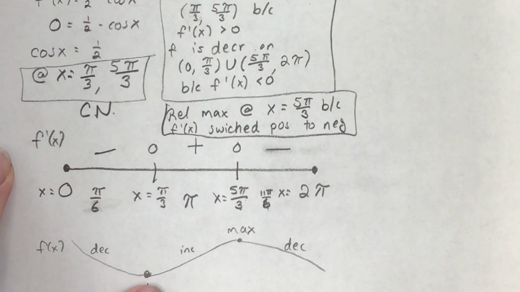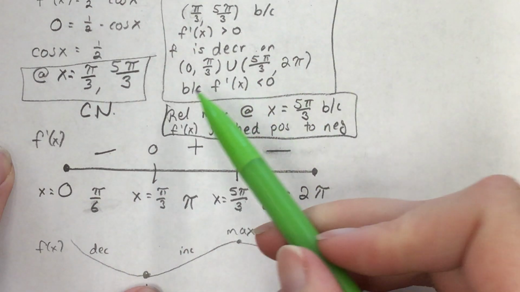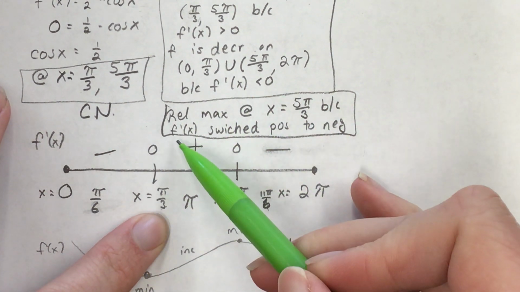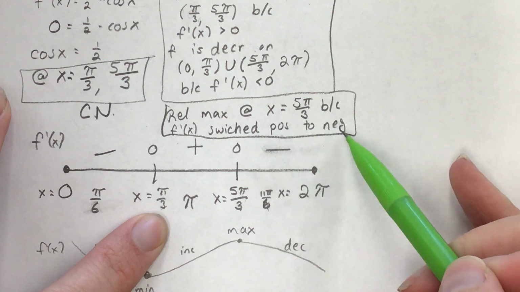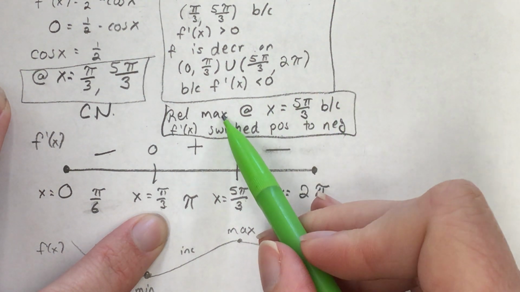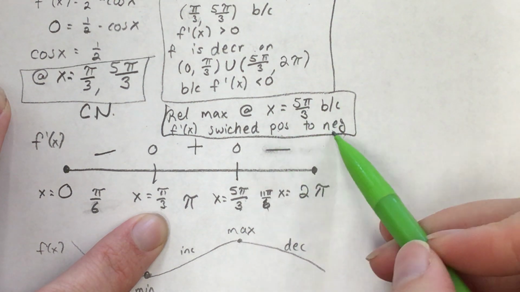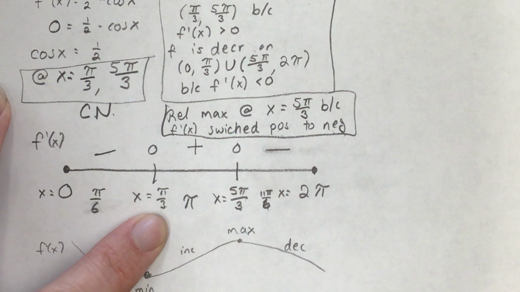And there's a relative min at x equals pi over 3 because f prime switched from negative to positive. So same kind of deal, just switch out those for pi over 3, negative, positive, and minimum.